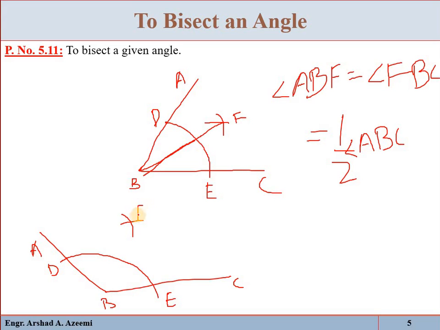Suppose that is point F. Join F with B, so that will be the bisection of angle ABC. That means angle ABF will be equal to angle FBC and will be equal to half of angle ABC.